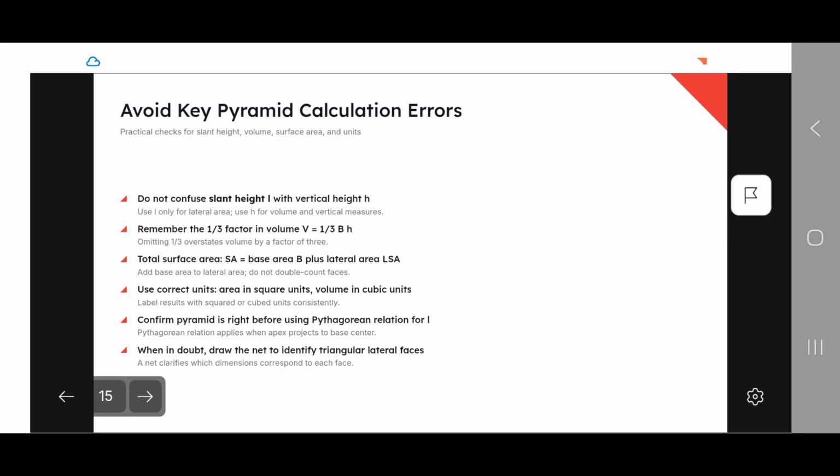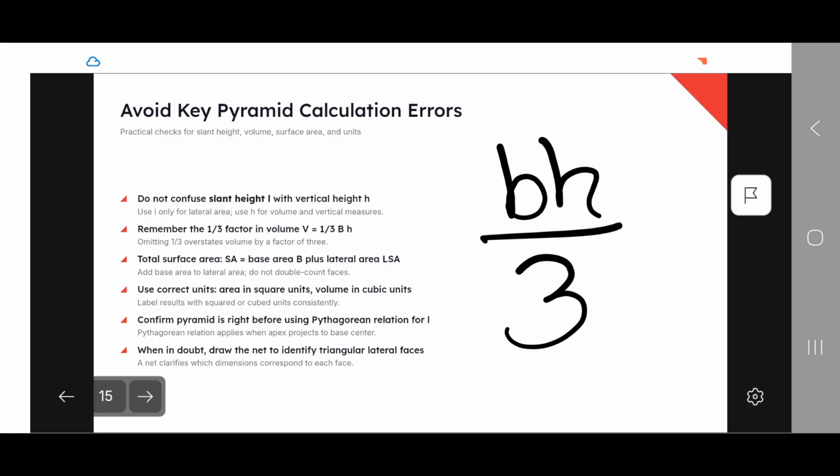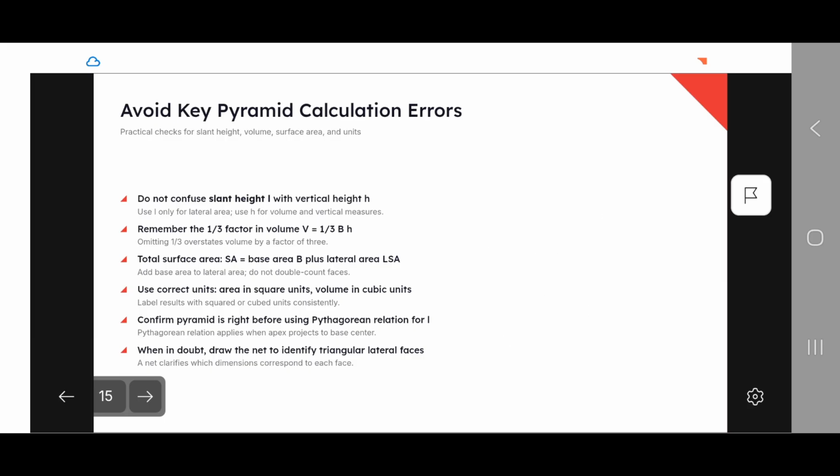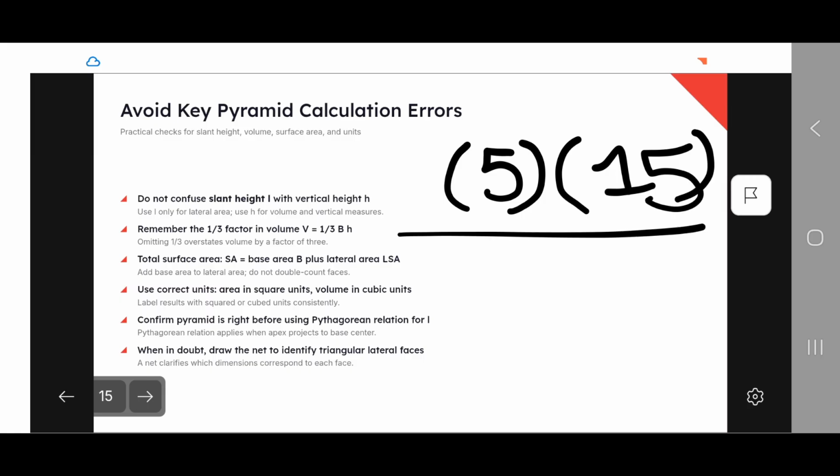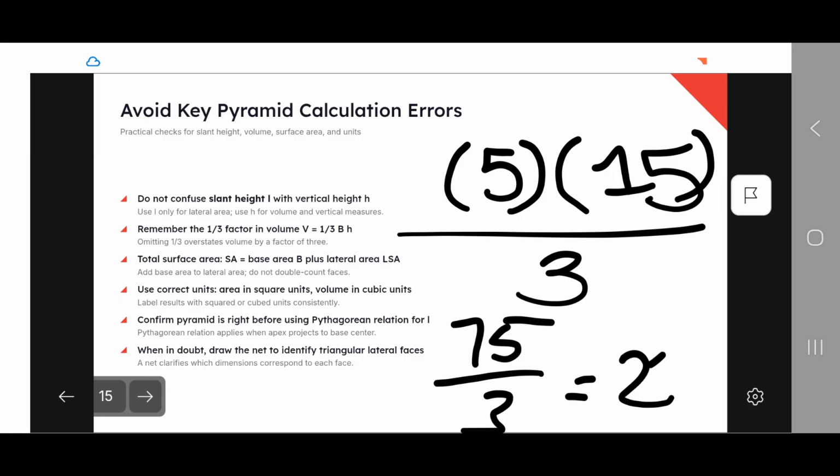But for me, I put base times height divided by 3. So, for example, if base is 5 and h is 15, divided by 3, that would be 75 divided by 3 equals 25.